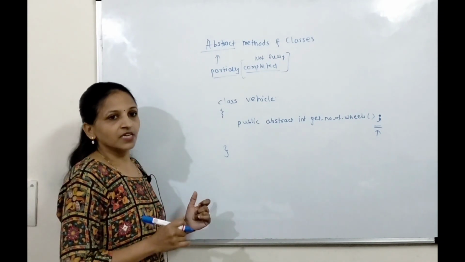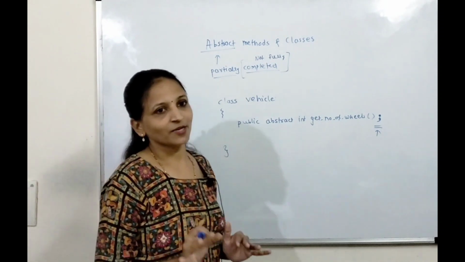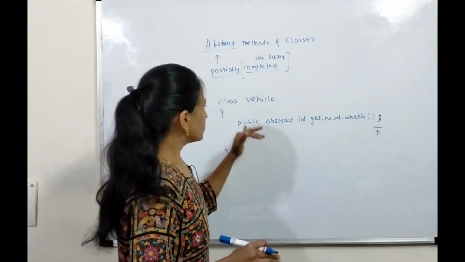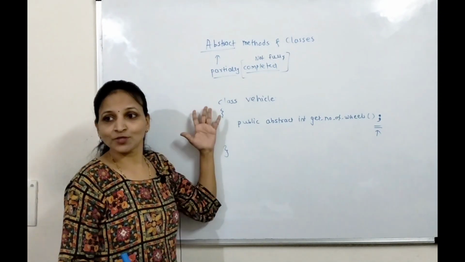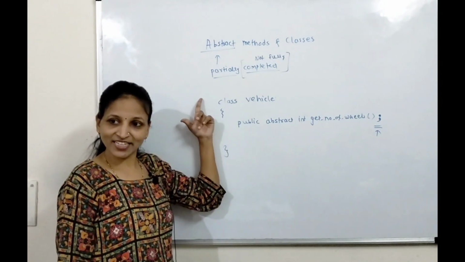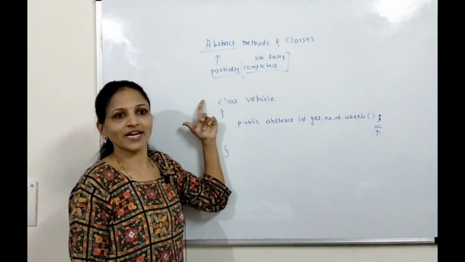Now see, if any class is having an abstract method, then we have to take care that no one should create an object of that class, and that's why we will declare that class as an abstract class.